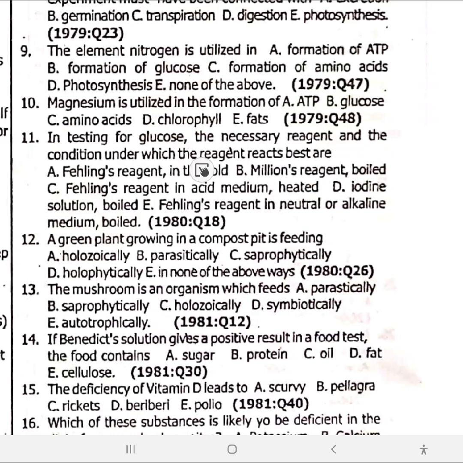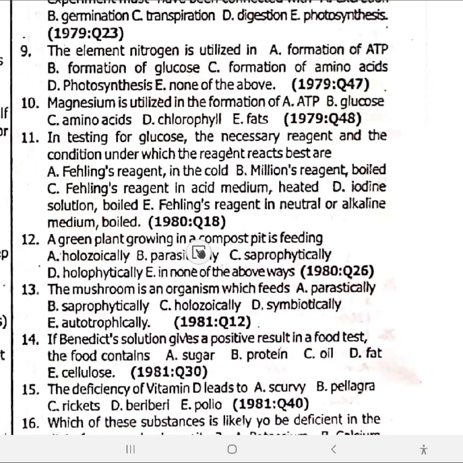The answer is option E: Fehling's reagent in neutral or alkaline medium and boil. You see, we say you boil it with what? Hydrochloric acid. So write down, to test for glucose, you use Fehling's solution in a neutral or alkaline medium, and you also warm the sugar. Warm or boil. Number 11 is option E.